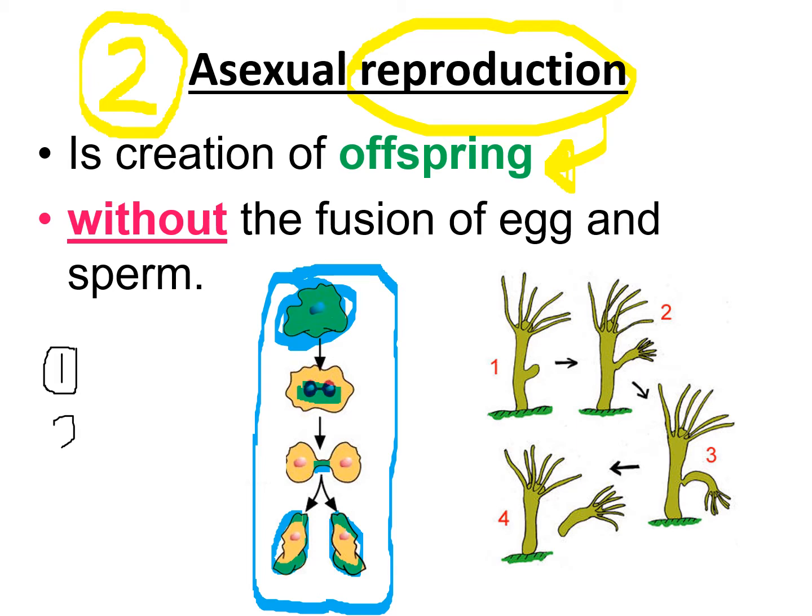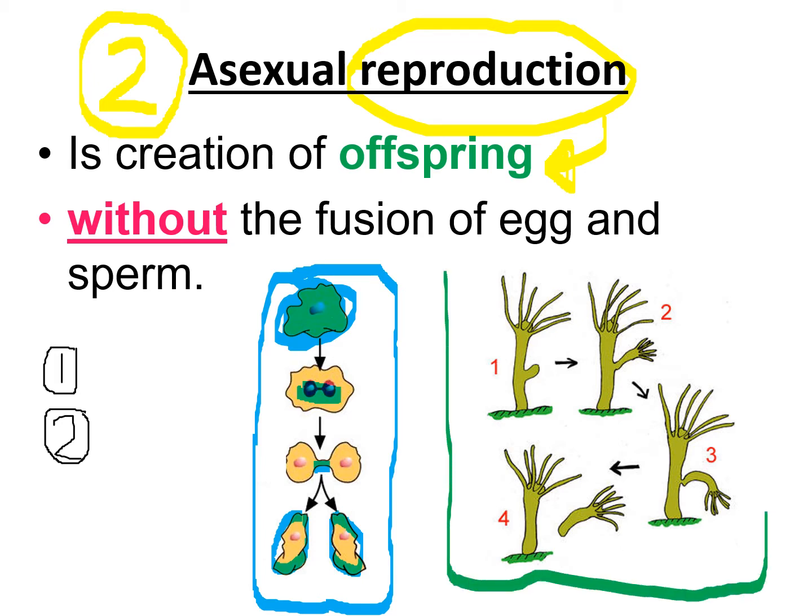Our second type of asexual reproduction is called budding. And budding generally occurs in organisms present in phylum Cnidaria. If we have a look at the image on the right of this slide, which I will highlight in green, this image shows us the process of budding very nicely.